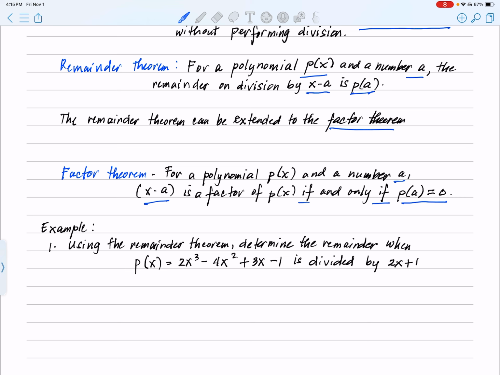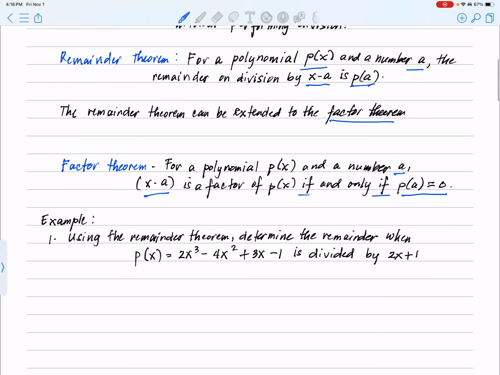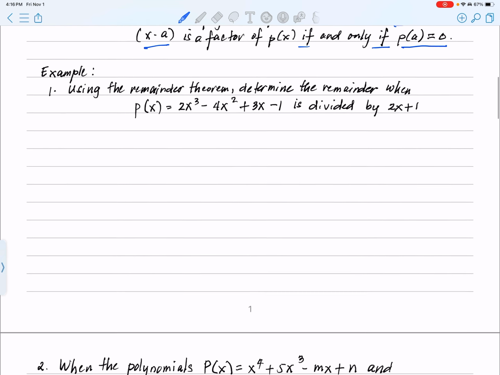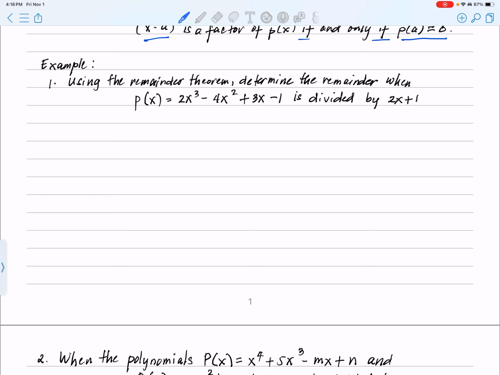Let's have example 1. Using the remainder theorem, determine the remainder when p of x, 2x cubed minus 4x squared plus 3x minus 1, is divided by 2x plus 1.